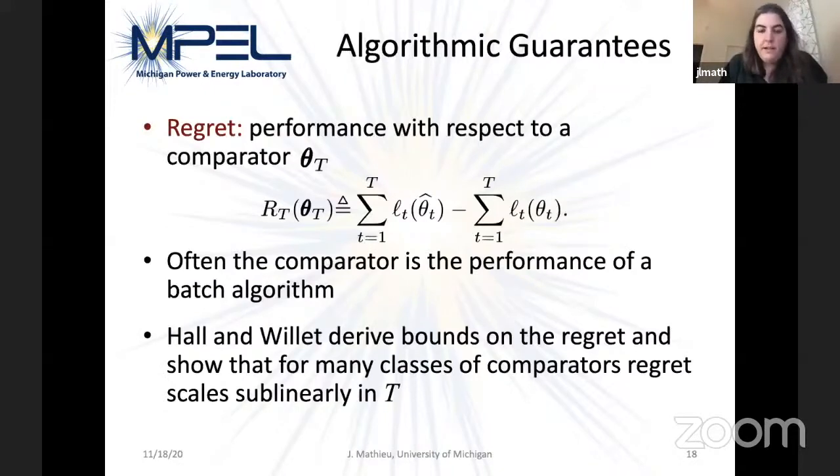In the paper, I won't go into too many details on this, but they do provide some algorithmic guarantees in terms of regret, which is the performance with respect to a comparator. They show that they can bound the regret, and that for many classes of comparators, regret scales linearly. I'm not going into too many details because for the application we're interested in, we don't necessarily care about this kind of performance.